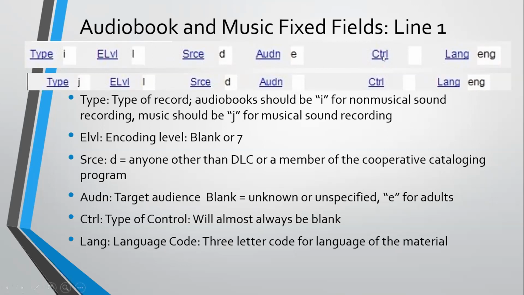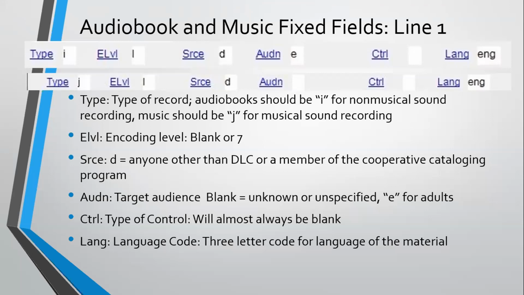So the language code is an important one. As you saw with video recordings, you can have a lot of different languages included in a single resource with subtitles. So for audio recordings, you may also get the same situation.